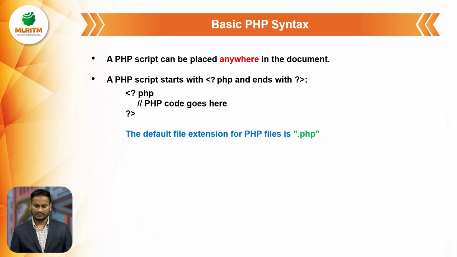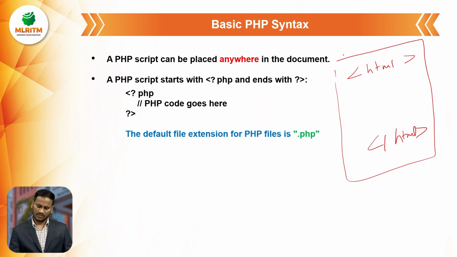Now the basic syntax of PHP. How are we going to write PHP? In HTML we use tags, an open tag and a close tag. This is the syntax for HTML. Inside it we write the body. Like HTML, PHP has its own opening tag. This is the PHP syntax. Then we close the PHP.